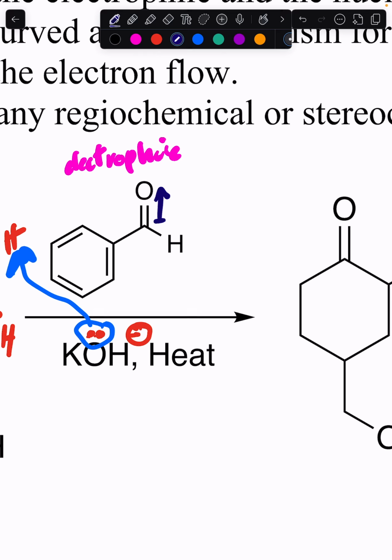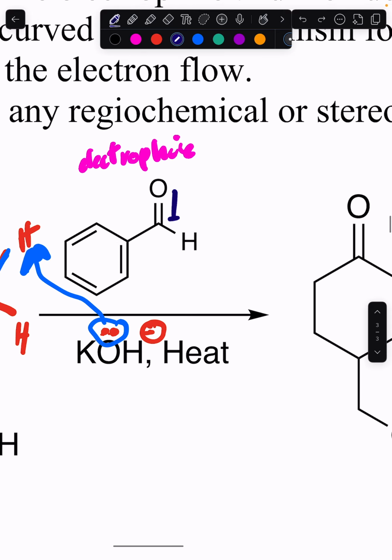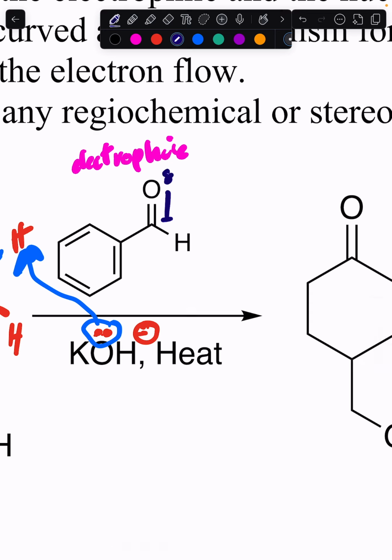The oxygen attracts the shared electrons more than the carbon, giving the oxygen a partially negative sign and the carbon a partially positive sign. Hence this carbon is electrophilic.